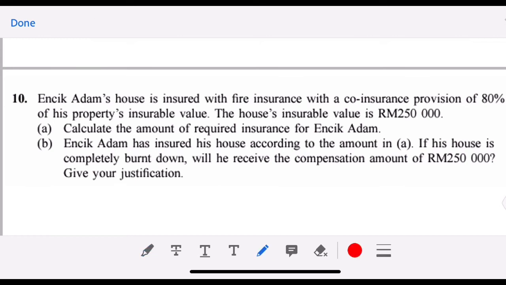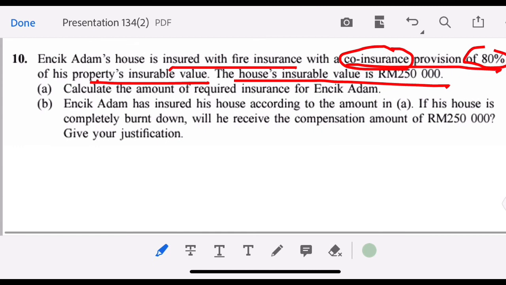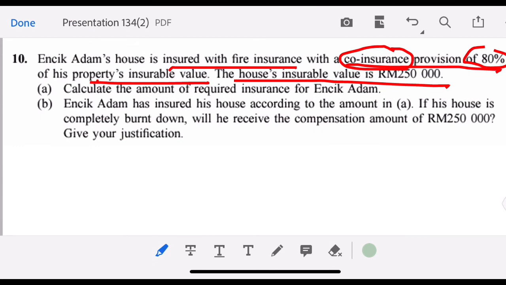Inje Adam's house is insured with a fire insurance with a core provision of 80% of his property insurable value. The house insurable value is 250,000. So core insurance means that 80% of his property will be shared by the insurance company.